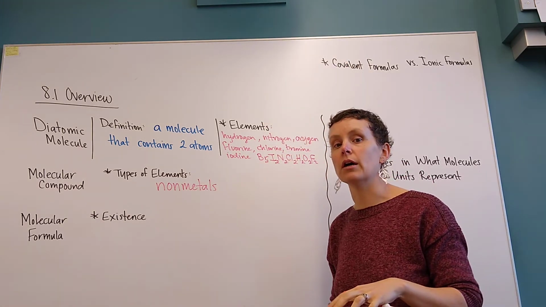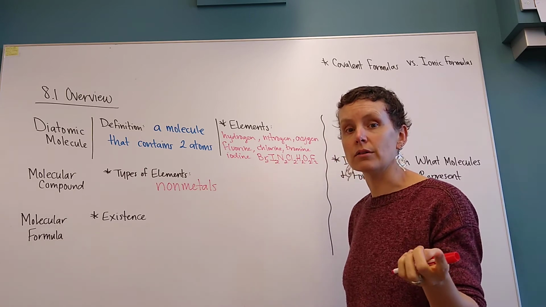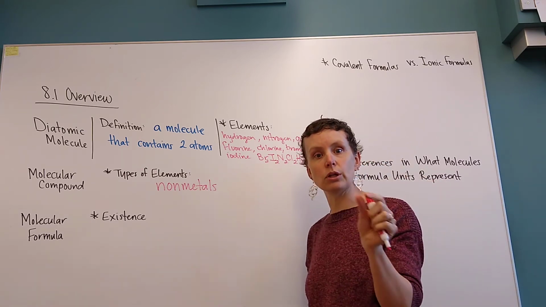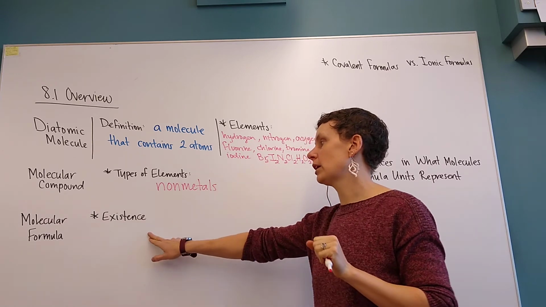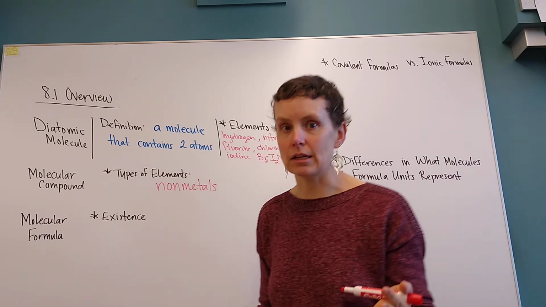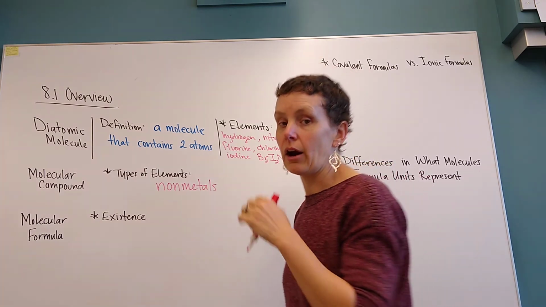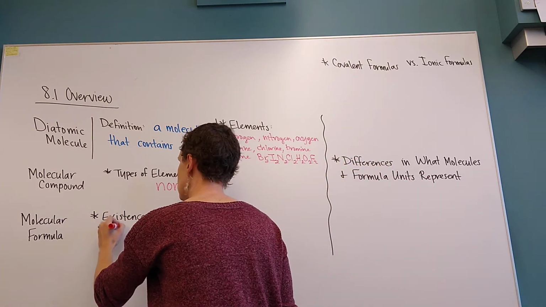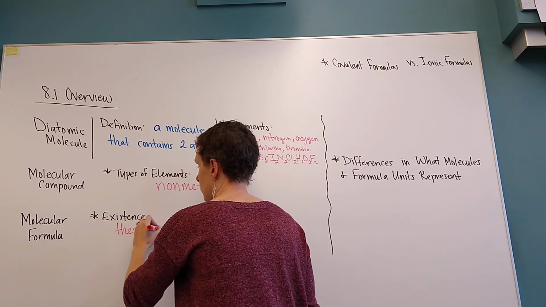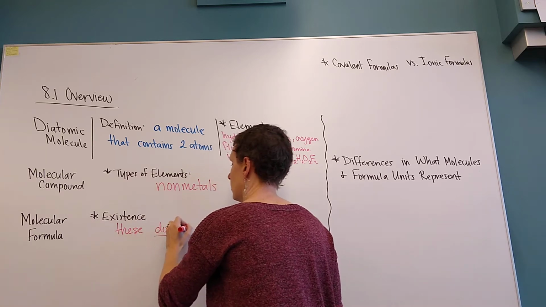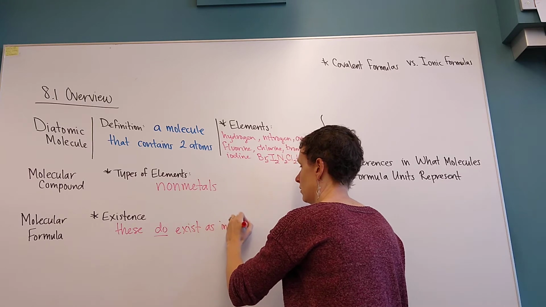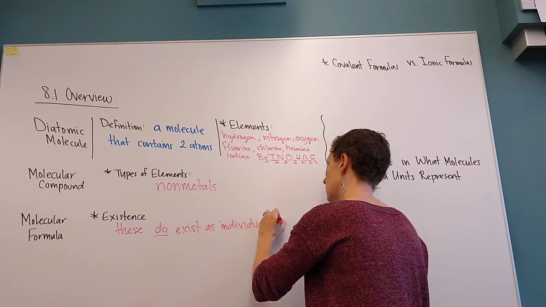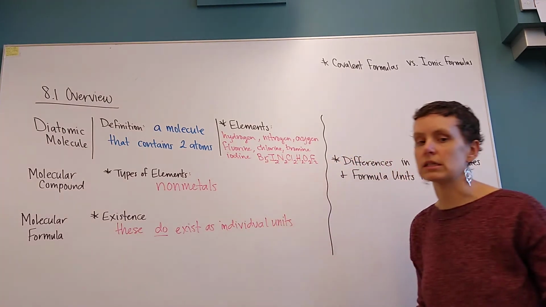Existence of a molecular formula. We talked about ionic compounds as not existing as individual units. Those formula units do not exist by themselves, okay? But molecular formulas, they do exist as individual units, okay? They are molecules. So these do exist as individual units.